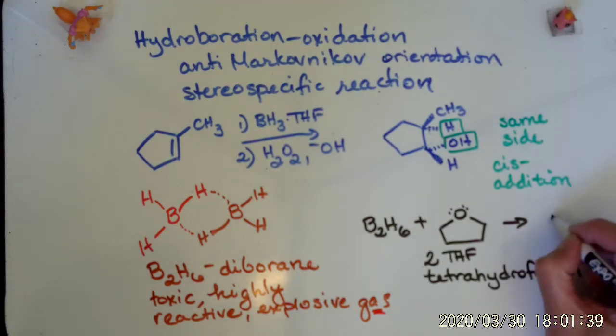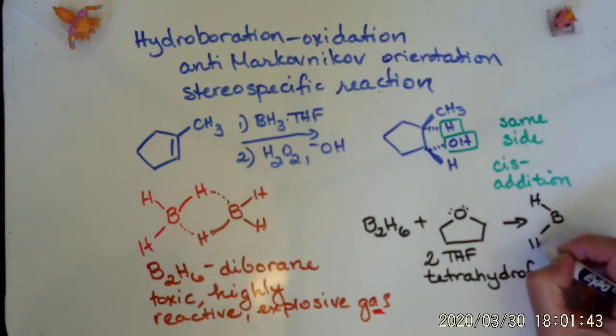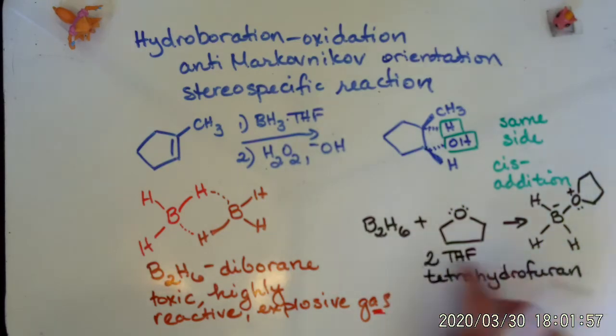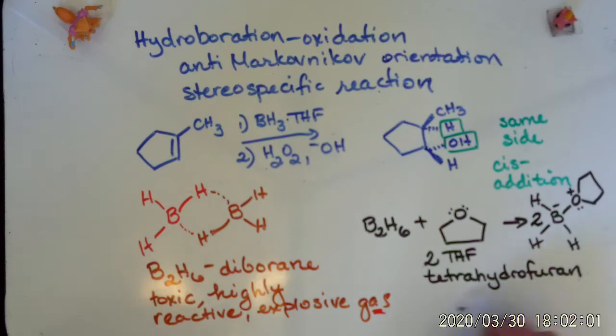You'll have the boron here, and it has a bond to my THF. Formal charges: that's a minus and that's a plus. Because I have 2 of them with my diborane, I form 2 of these. This is BH3·THF.